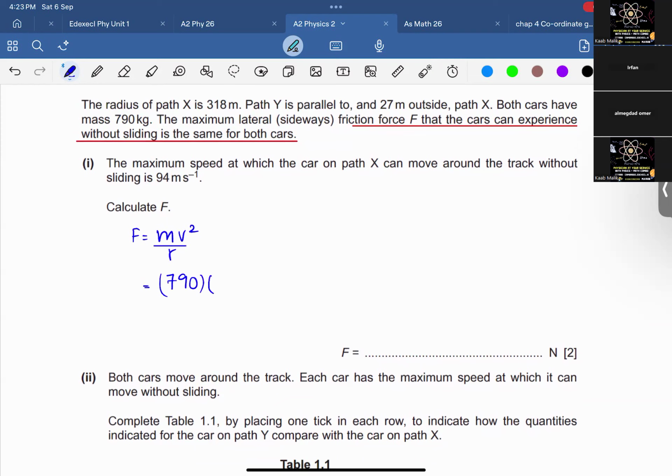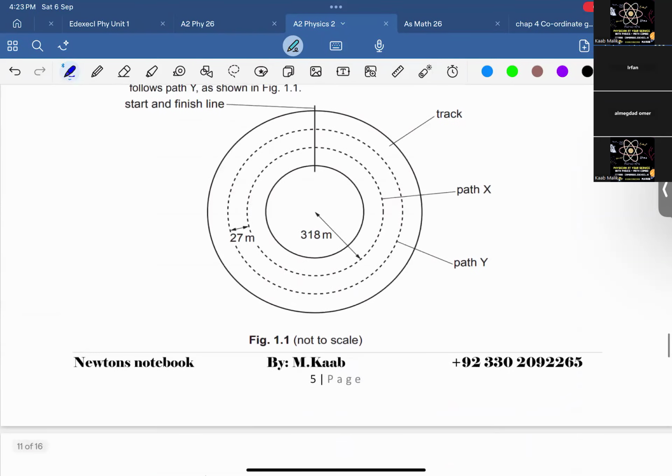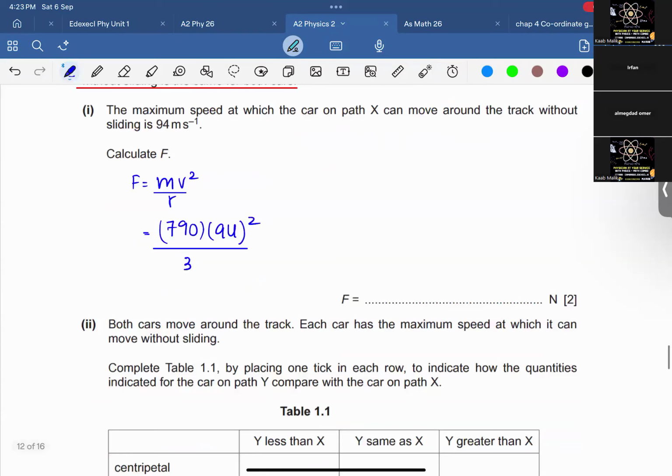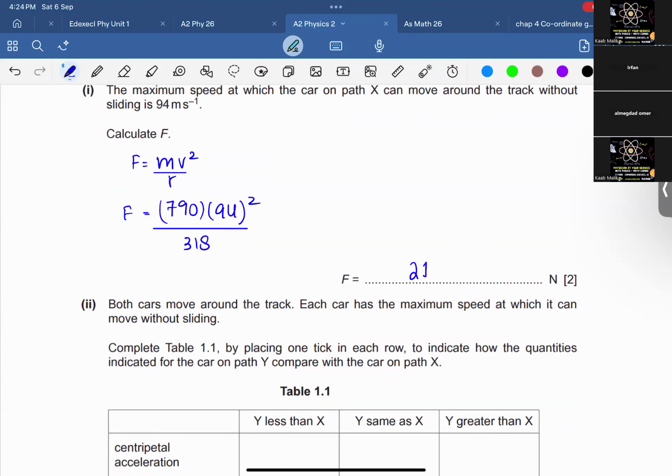The velocity is 94, divided by, for car X, 318.